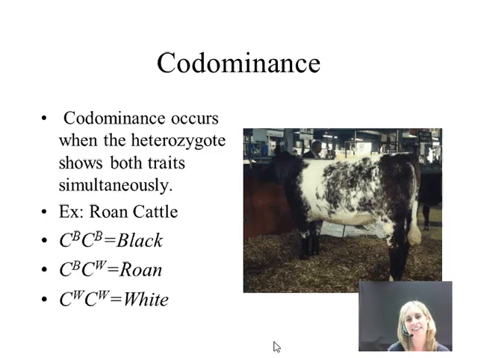Our classic example of codominance is roan cattle. If you have 2 copies of this B allele, you're going to have a black cow. If you have 2 copies of this white allele, you're going to have a white cow. But when you have one of each, you're going to see a roan cow, which is pictured over here, with some black spots and some white spots. You'll see both of them.